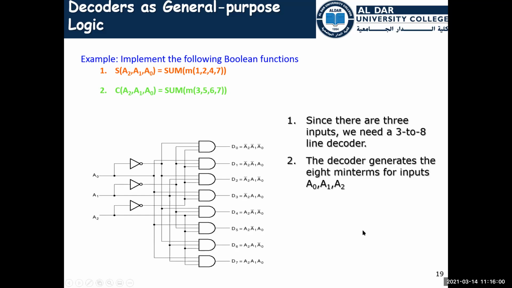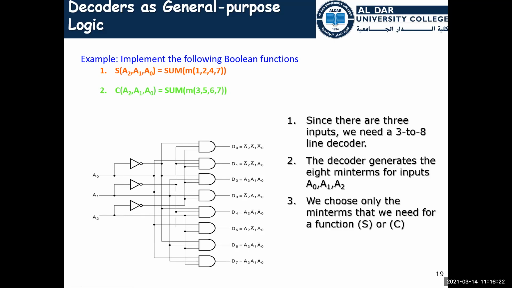Then the second step is, we know that the decoder is generating all the minterms. So it generates 1, 2, 4, 7, 3, 5, 6, 7. All of them are there on the output because, according to the input, one of them will be active.